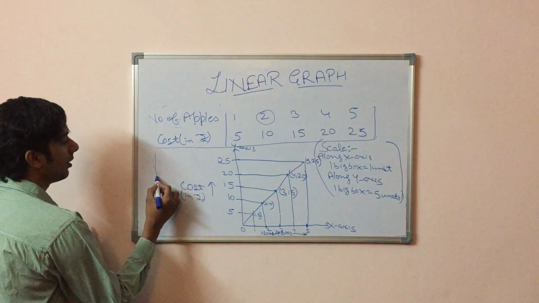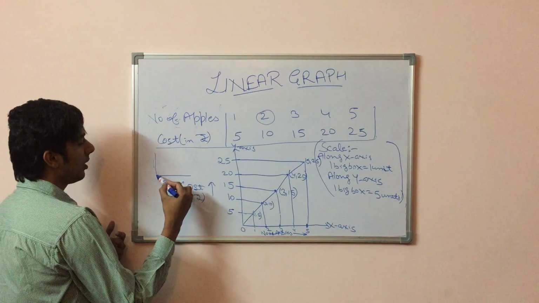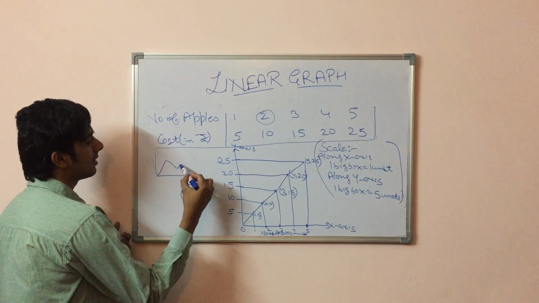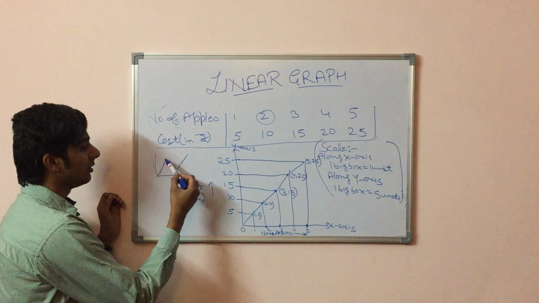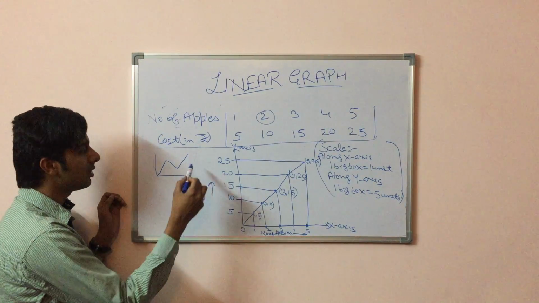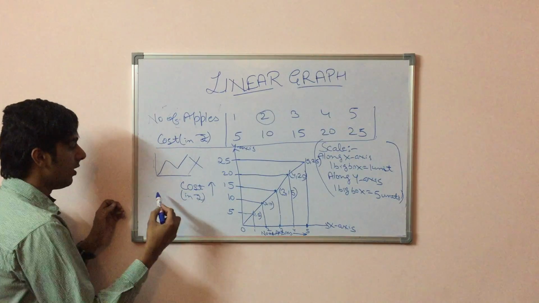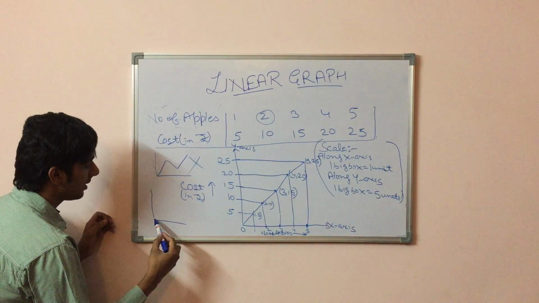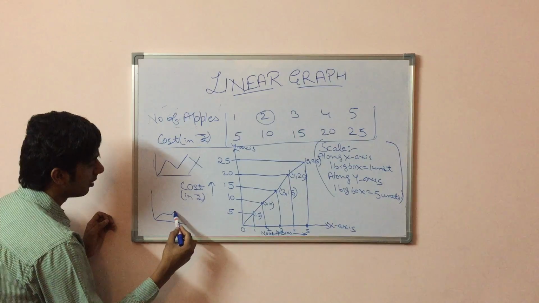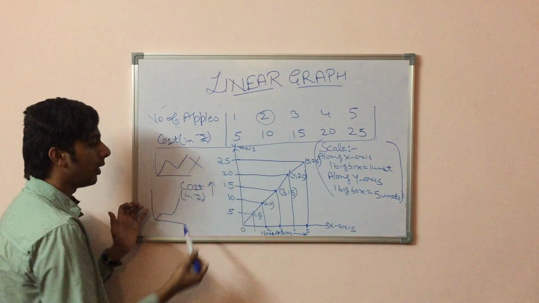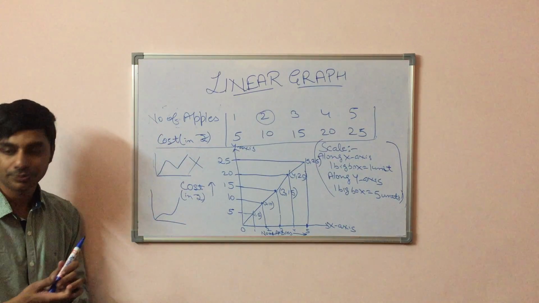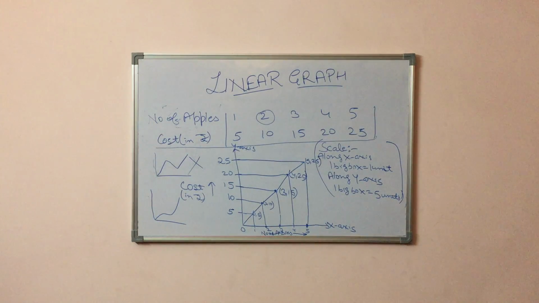Suppose I draw a graph and the points come like this. This is not a straight line. Why? It goes there, then comes downward, then upward. So this is not a linear graph. One more example, if the points are like this, this is also not. It should be in a straight line, right?